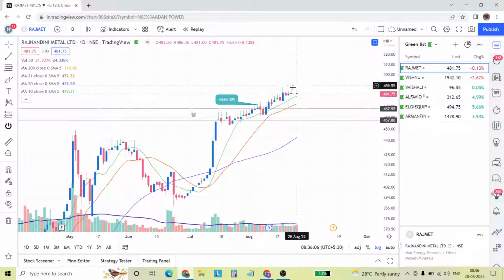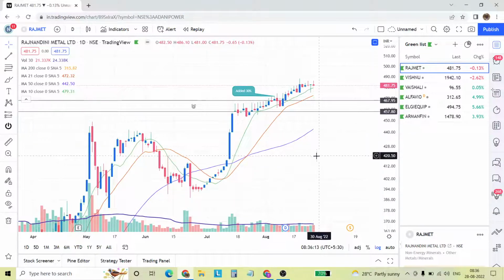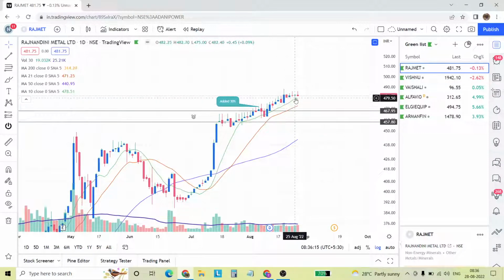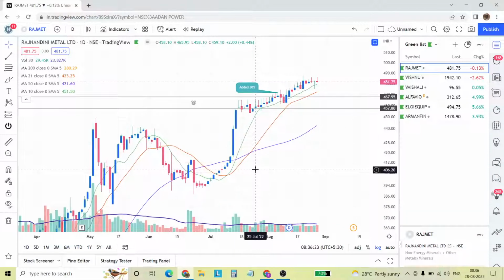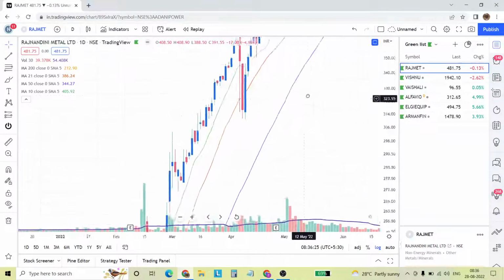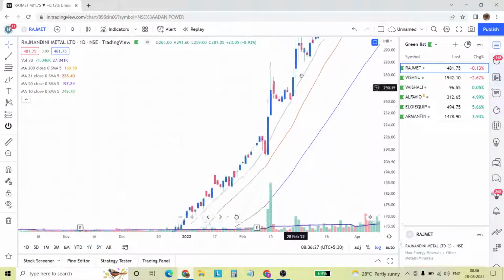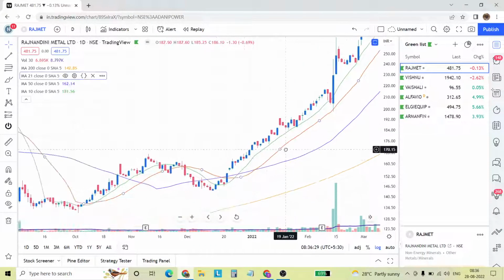It's moving up steadily. Notice how it's staying above this 10 moving average. That's the reason I don't like to keep stocks which are breaching the 10 moving average, because after that it will take some time to consolidate and move up again. The best example would be here. This is a big move.